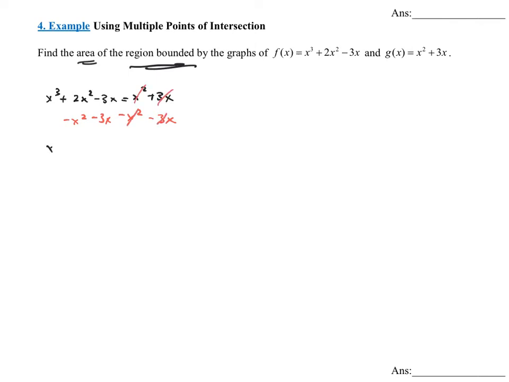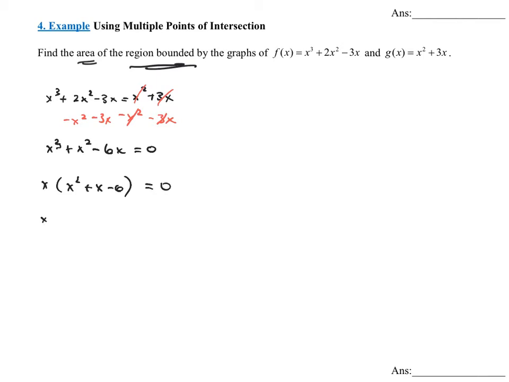I'm going to have x cubed plus x squared minus 6x equal to 0. I look for anything in common. It looks like each one of these terms has an x in common, so I can factor out an x. I'd be left with x times (x squared plus x minus 6) equals 0.